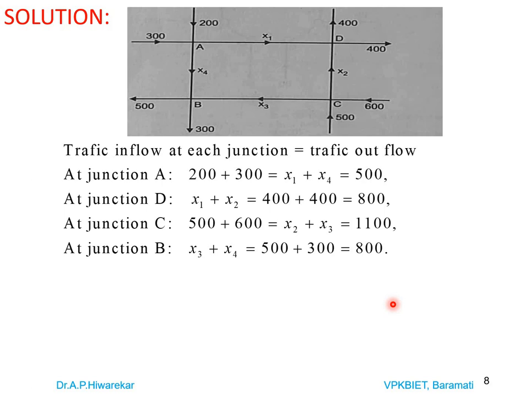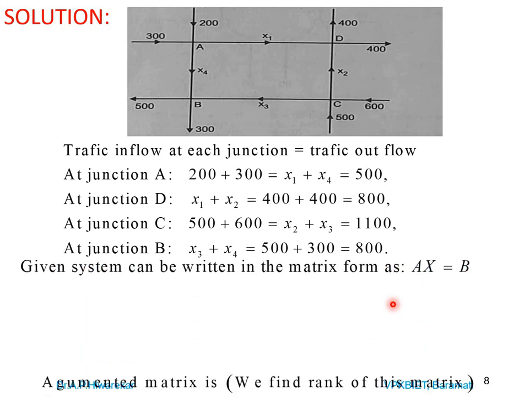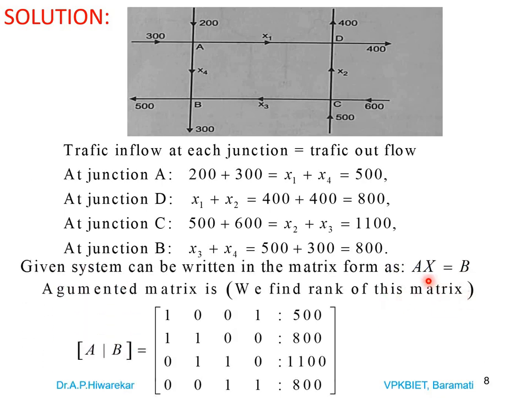So we can write this system in matrix form as AX is equal to B, which we call the augmented matrix. Here the X1 coefficient is 1, X2 is 0, X3 is 0, X4 is 1, and the right hand side is 500.